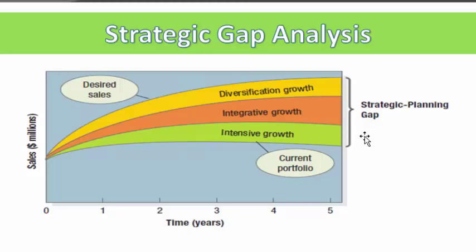For example, if a small proprietorship restaurant wanted to become a top tourist destination but currently only serves local food and some special foods, a strategic gap analysis for that restaurant might look odd, and there might be a huge gap between the current portfolio and the desired portfolio.